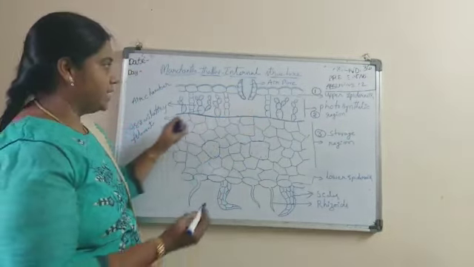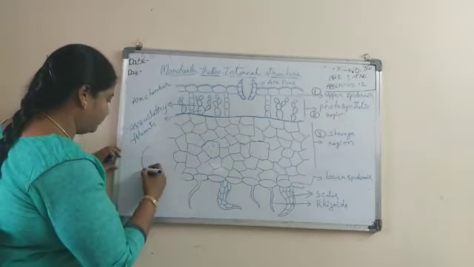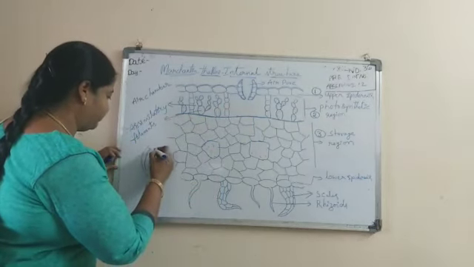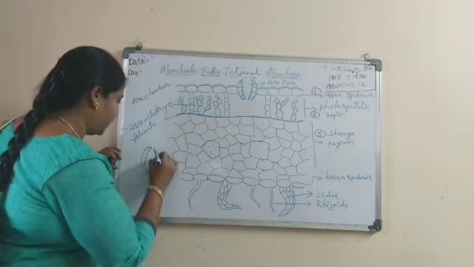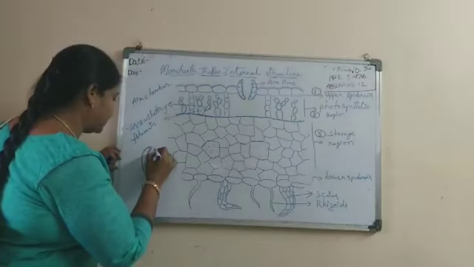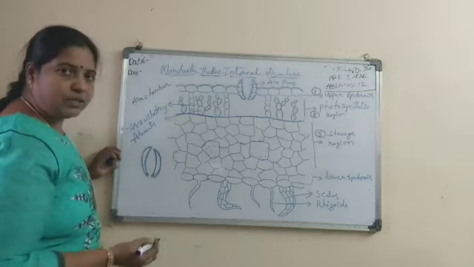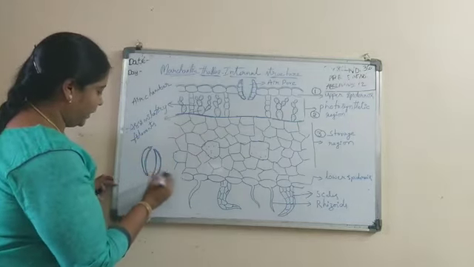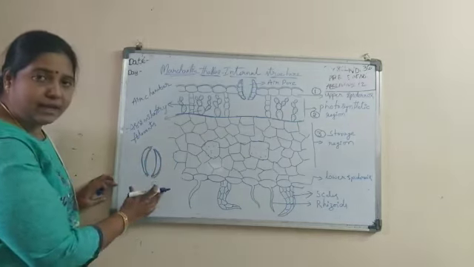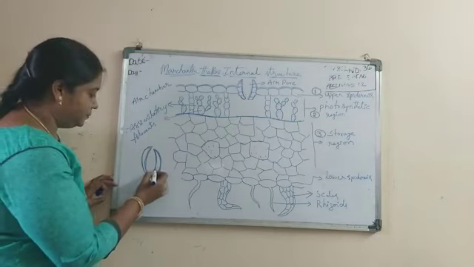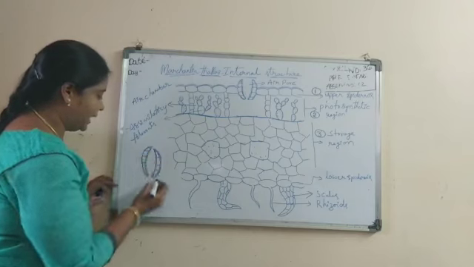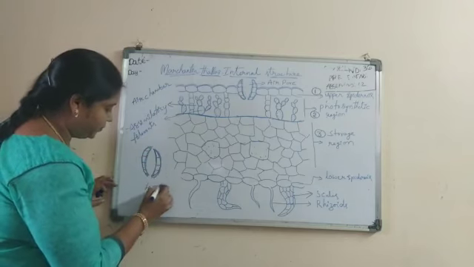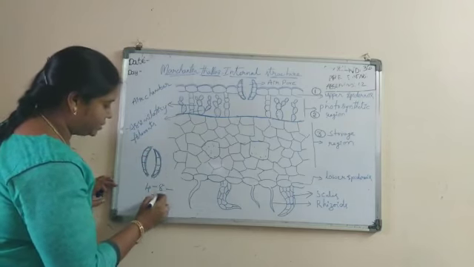These air pores are barrel shaped structures. These barrel shaped air pores show a complex structure which has 4 to 8 tiers of cells.